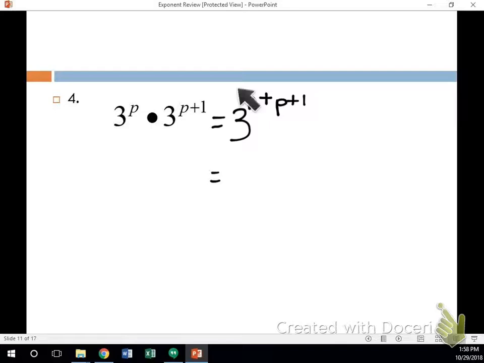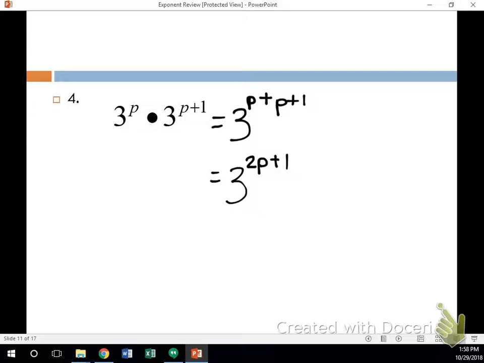Careful, we're not doing p times p, just p plus p. 2p. So this would be 3 raised to the 2p plus 1 power. It does not get any simpler than that. We cannot combine 2p plus 1 because they are not like terms. We don't know what p is, so we can't take 3 and multiply it 2p plus 1 times. That wouldn't make a whole lot of sense for us to do.